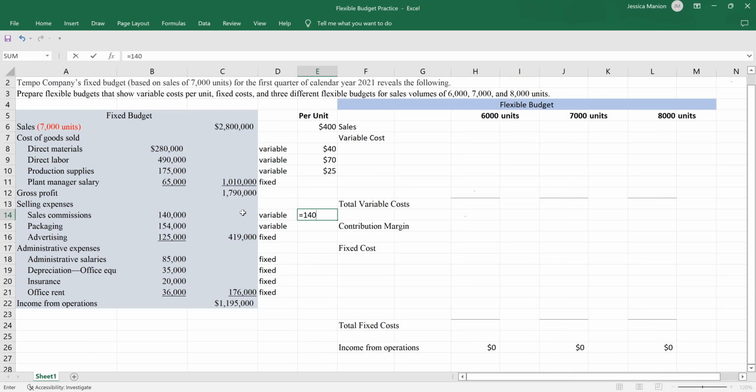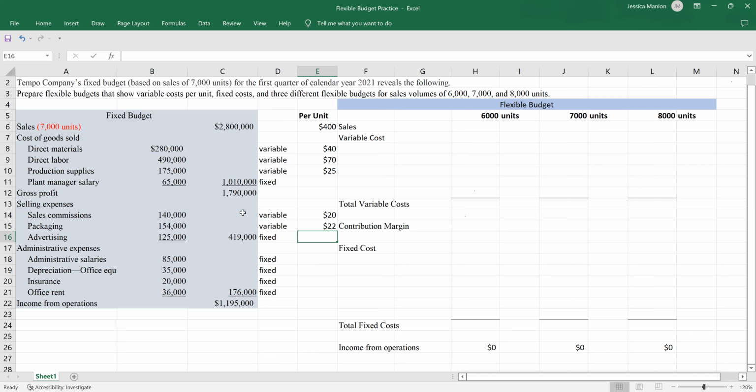So sales commissions were 140,000, and again, that was for 7,000 units. So sales commissions are 20 per unit. Packaging, again, variable cost. So we take our 154,000 divided by 7,000 units, and packaging is $22 per unit.